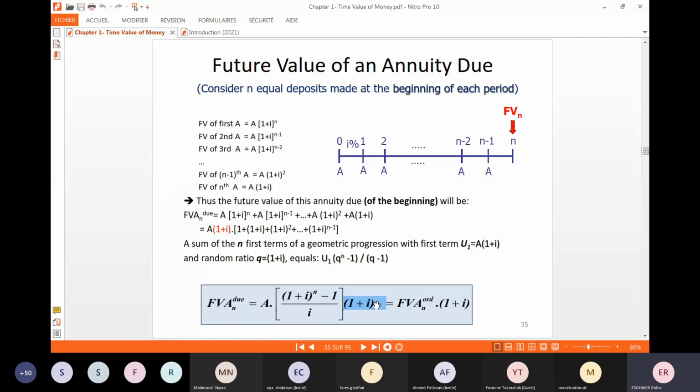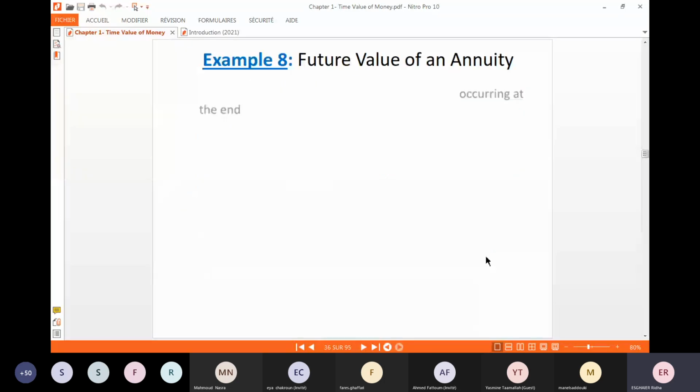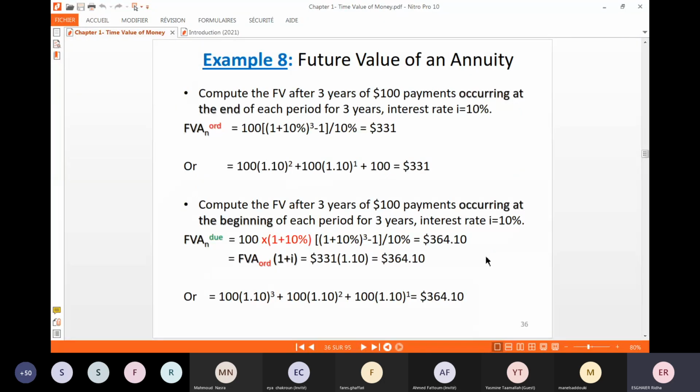Let's apply it quickly. Compute the future value after 3 years of $100 payments occurring at the end of each period for 3 years. We have 3 deposits with the same amount occurring at the end of each year, interest rate constant at 10%. Compute the future value at the date 3. This is an ordinary annuity because each deposit is made at the end of each period.